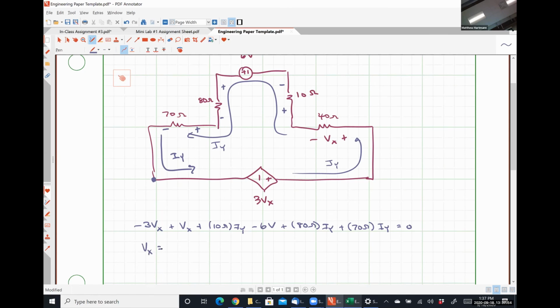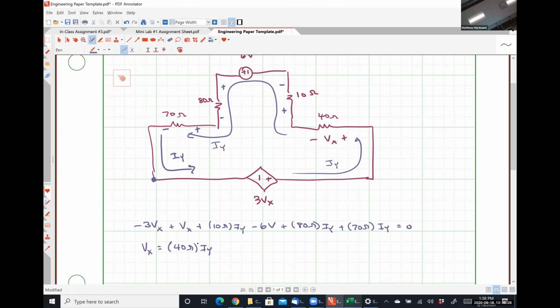Well, let's just use Ohm's law, right? Vx, by definition, is the voltage drop over the 40 ohm resistor. Positive polarity on the right, negative polarity on the left. So how can I write an Ohm's law equation to put Vx in terms of IY? Yeah. And so now we have enough information. We can substitute in this 40 IY into Vx, and we can solve for that current IY that's flowing around everything.